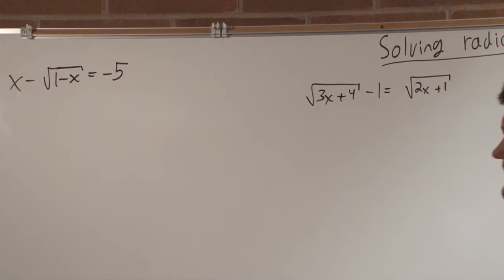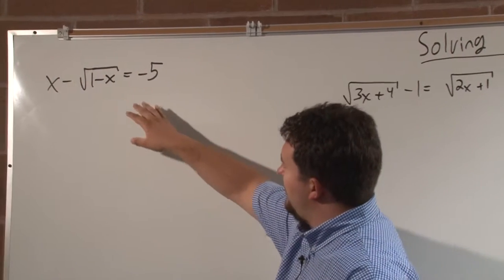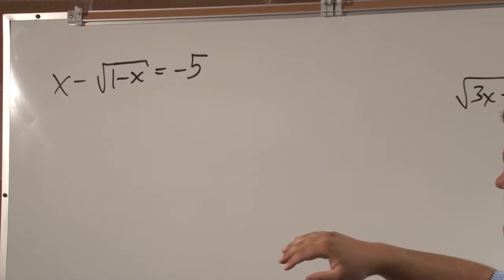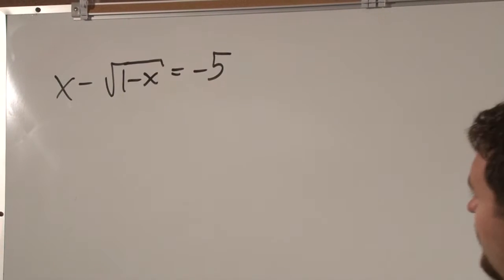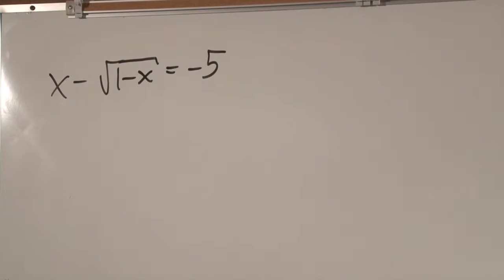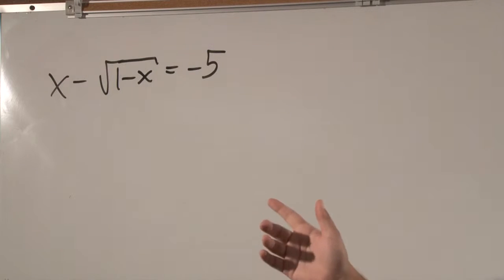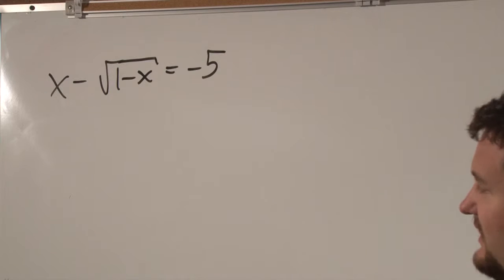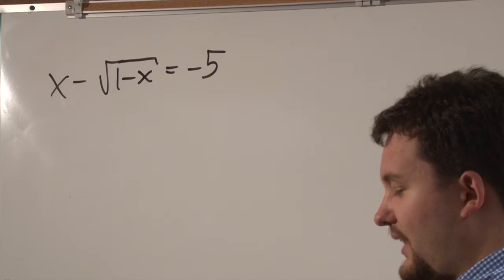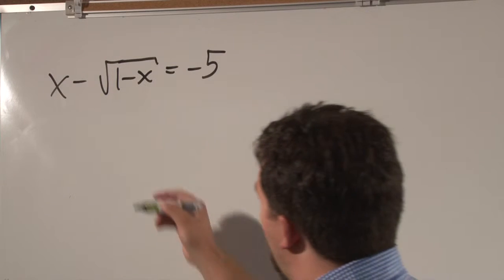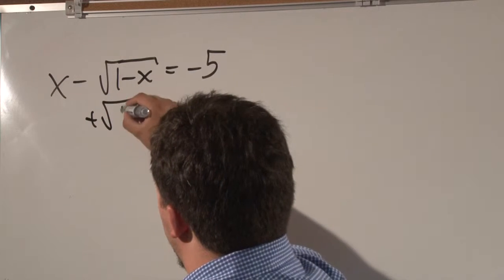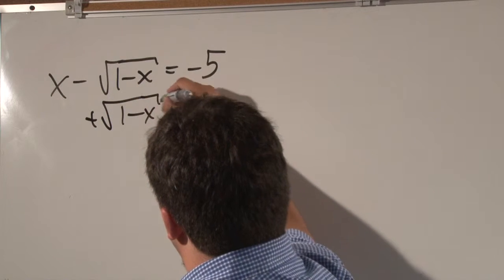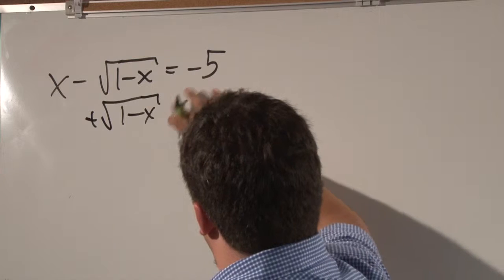Now, the first step is that you want to isolate that radical expression, which means we want to get everything else out of the way. So the first thing I like to do is get this term to be positive, because if I'm going to deal with it later, I'd like things to be positive. It makes things easier. So I'm going to add that square root of 1 minus x to both sides.